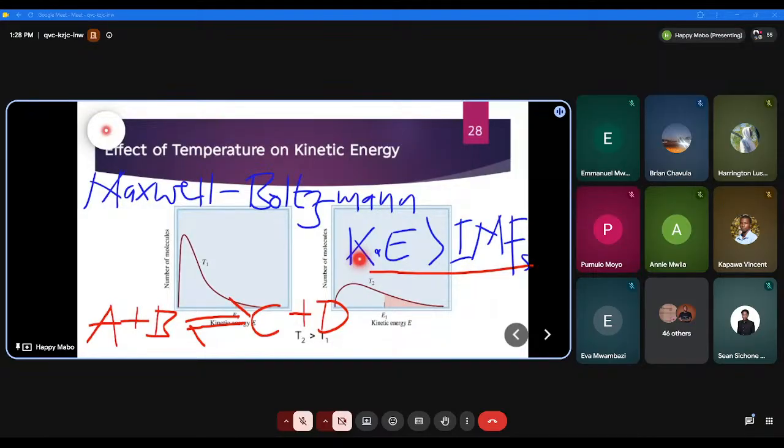The rate at which the reaction is going to take place is also going to increase with the temperature. This is what the Maxwell-Boltzmann distribution curve is basically about, which helps to explain the effect of temperature on the behavior of particles of substances as they try to interact with other particles of other substances.